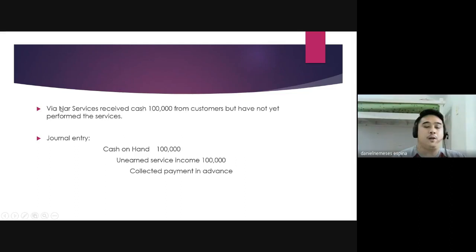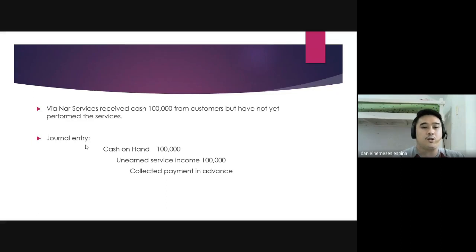For example, PNR Services receives cash of 100,000 from customers but has not yet performed the services. So you received cash but have not yet performed the service or delivered the goods. That's an example of unearned service income.